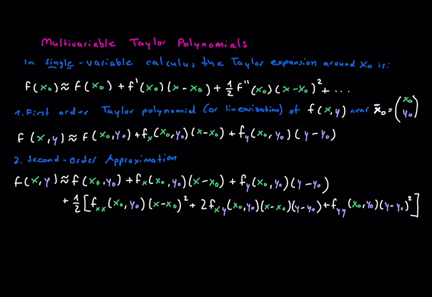That's the quadratic Taylor surface. It captures the bending of the function near the point.